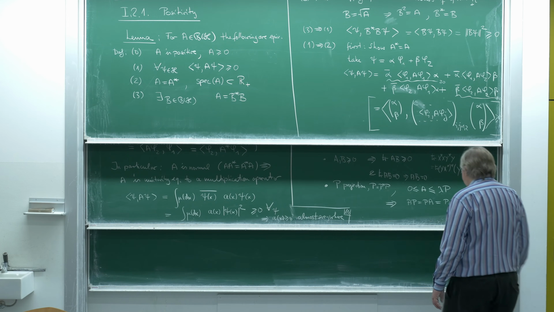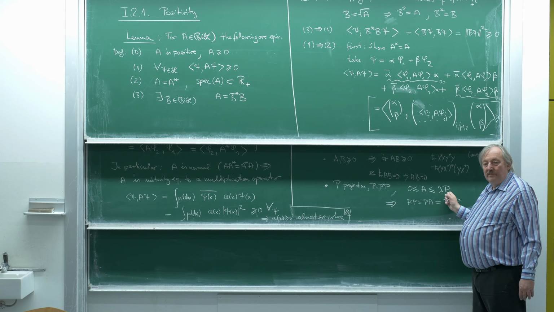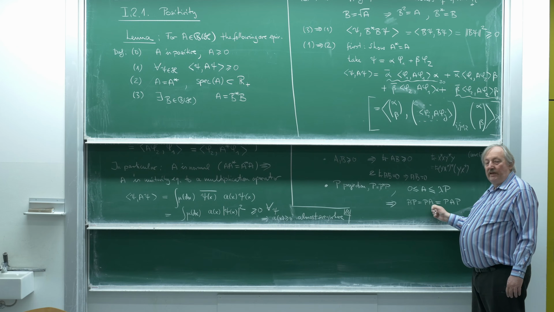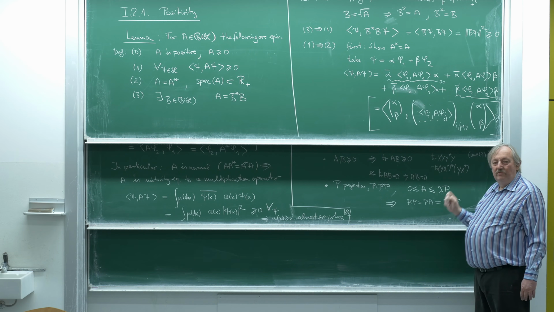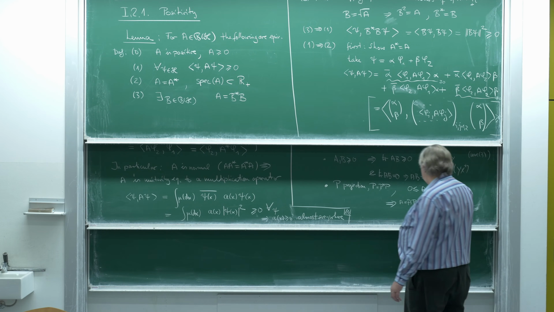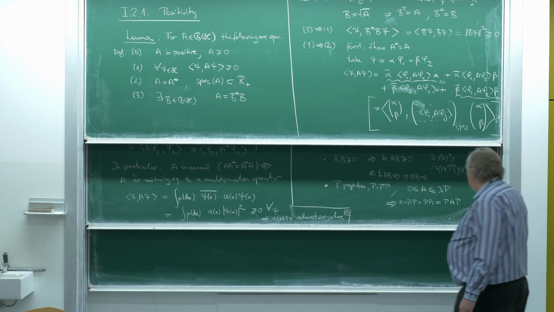So if an operator is bounded by a multiple of a projection, it commutes with that projection. And actually you can throw in this additional factor P without doing any harm. Did I say that this is also equal to A? Okay. So how do we see that?